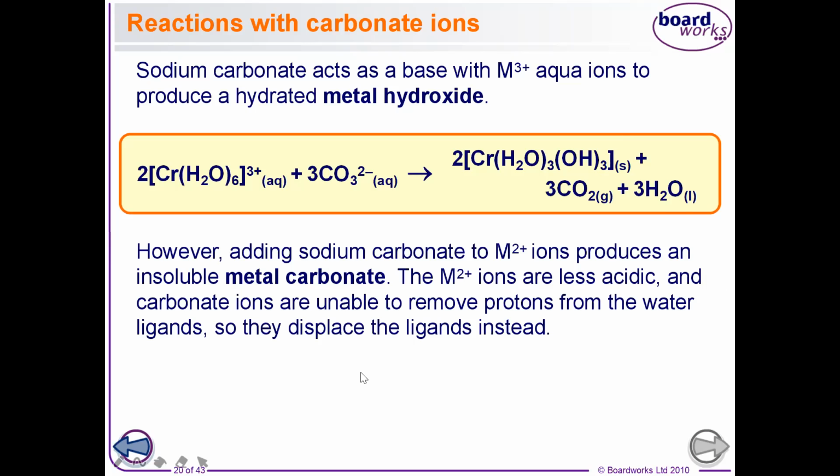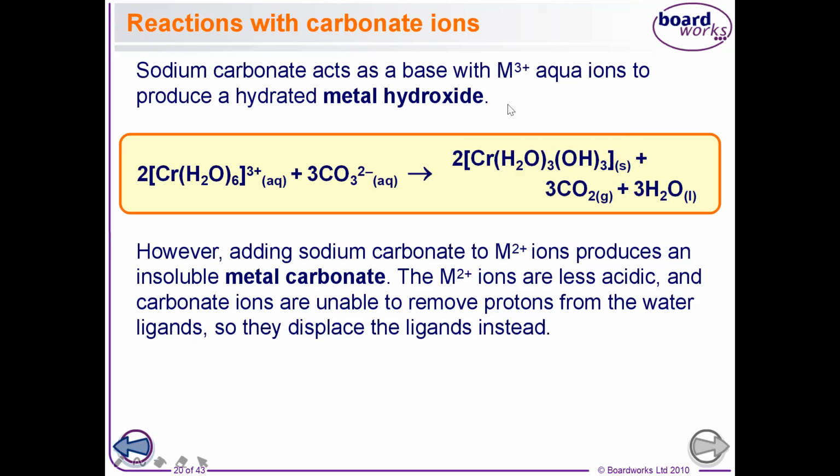However, adding sodium carbonate to M2 plus ions produces an insoluble metal carbonate. Take note of the difference. If we add carbonate ions to a transition metal 3 plus aqua ion, hydrated metal hydroxide will be formed.